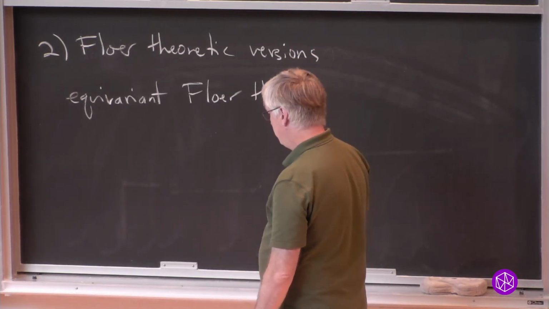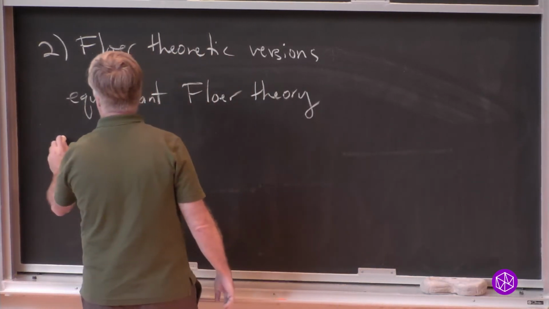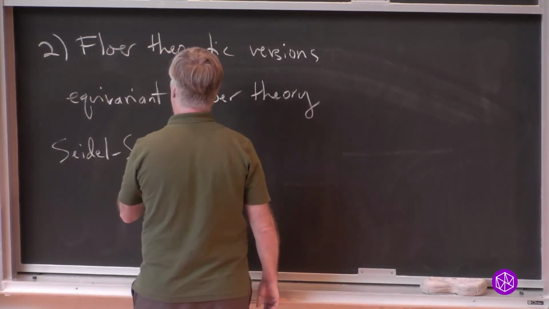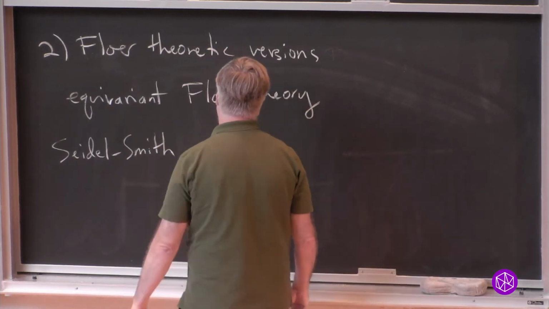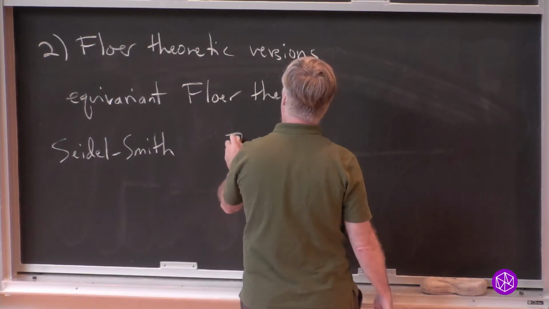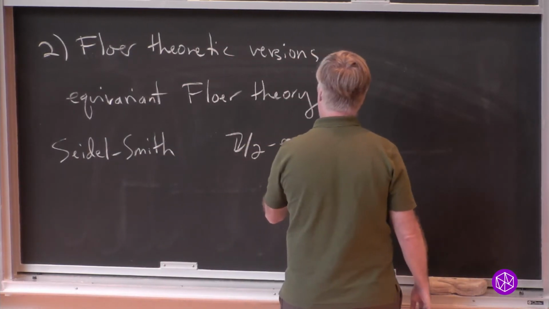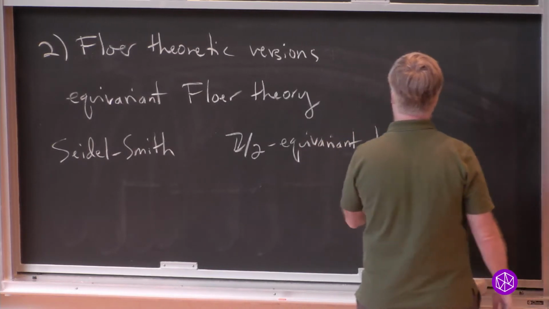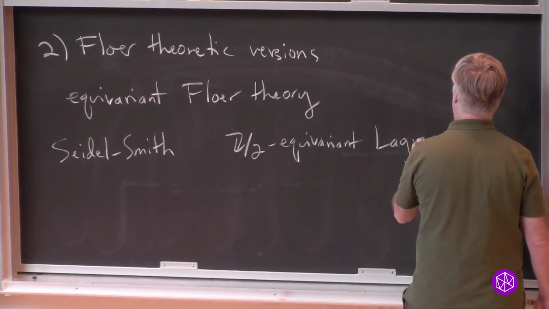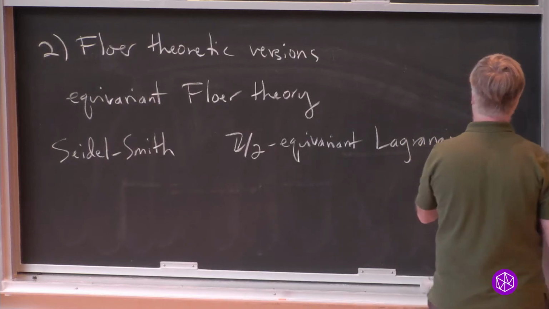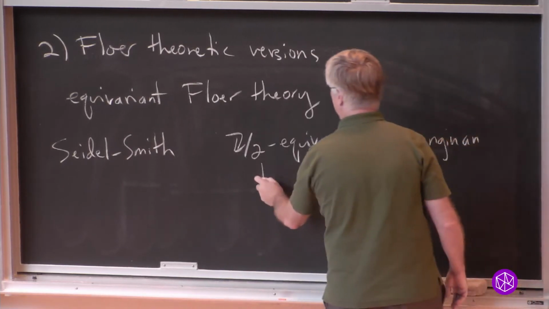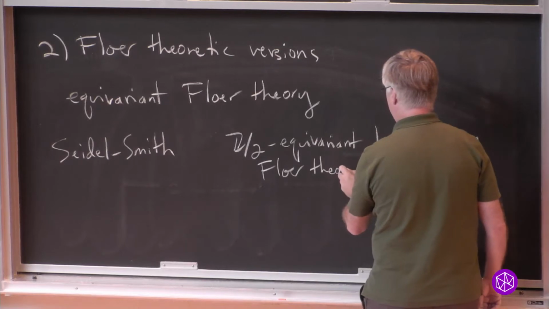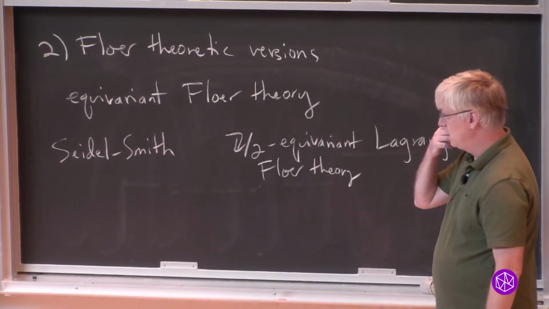Among other things, there's a paper by Seidel and Smith which constructs Z2 equivariant Lagrangian Floer theory when you have a symplectic involution.